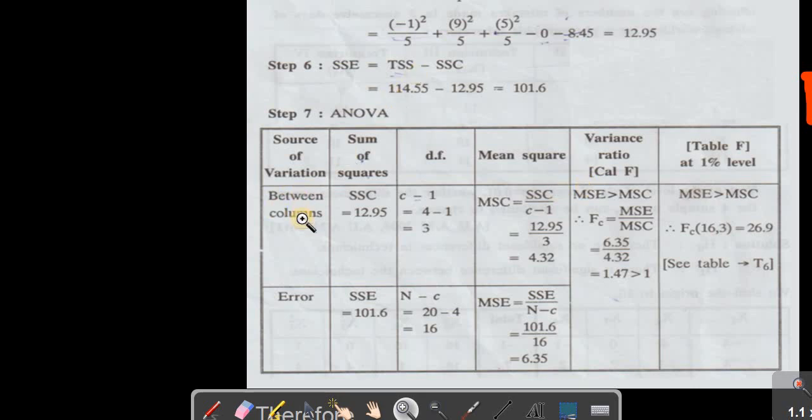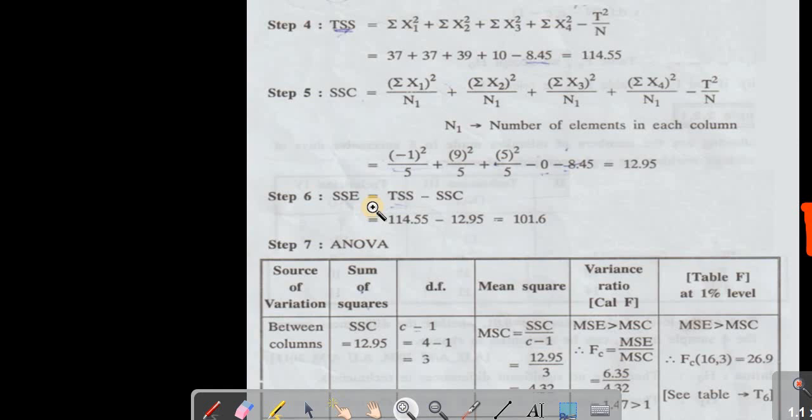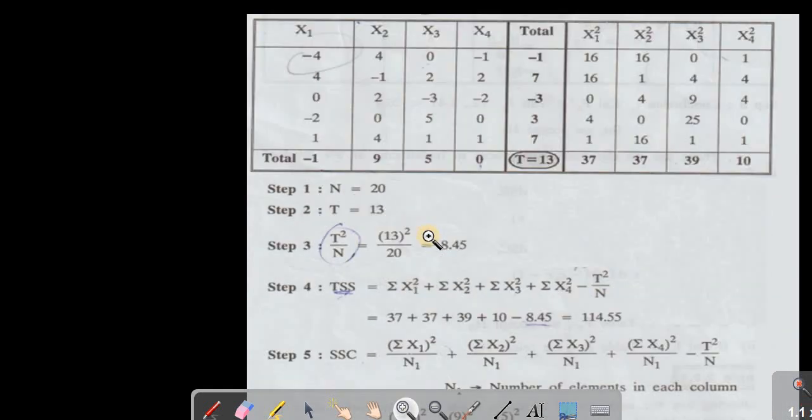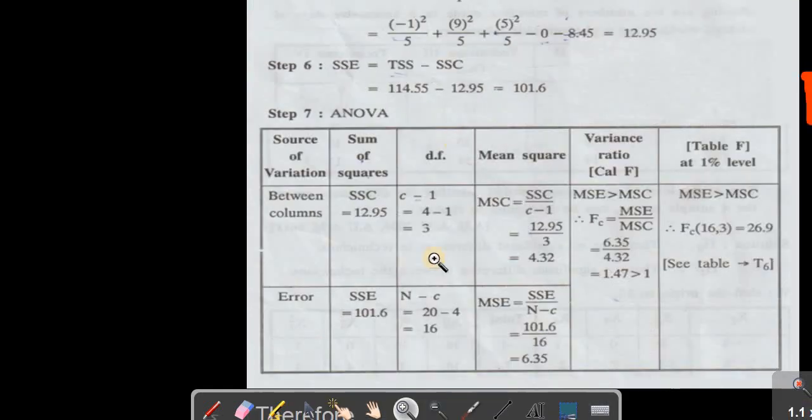First is between the columns, and SSC we have got is 12.95. Then C is the number of columns. How many columns are here? 1, 2, 3, 4 columns are there. So 4 minus 1 equals 3. Now the mean square column-wise, MSC, equals SSC divided by C minus 1, so 12.95 divided by 3 equals 4.32.